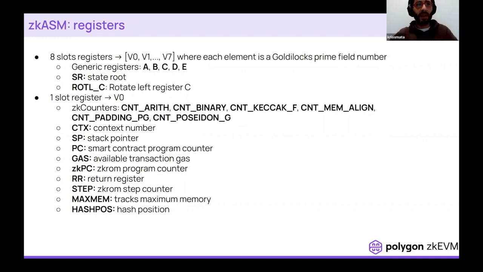We have the step register, which has the count of all the instructions that we are running. Max memory, which basically tracks the max memory that we have, and the hash position. We will see later on how that register is used.